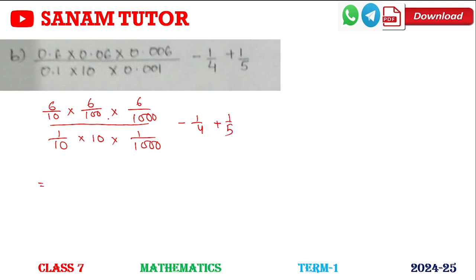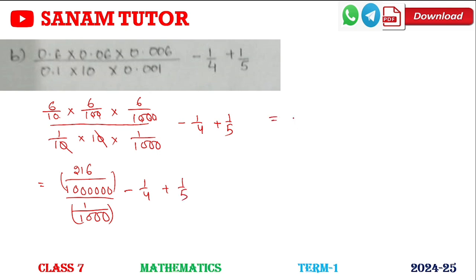Now we write 6 into 6 into 6, that is 6 sixes are 36, 6 thirty-sixes are 216, divided by 1 with how many zeros? 1, 2, 3, 4, 5, 6. Now the zeros cancel, divided by 1 by 1 triple 0. Yes or no? Minus 1 by 4 plus 1 by 5.